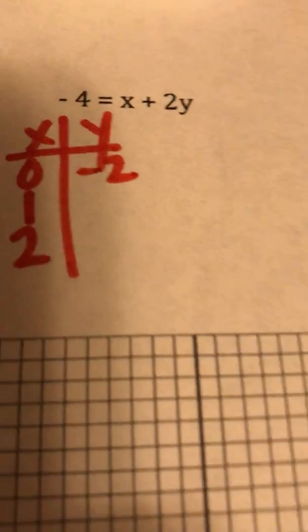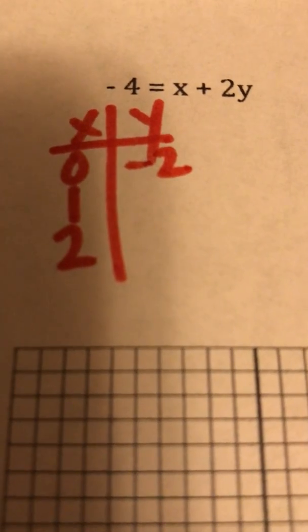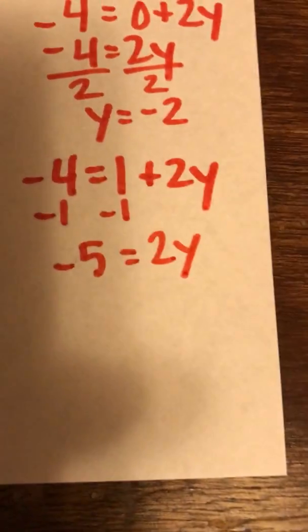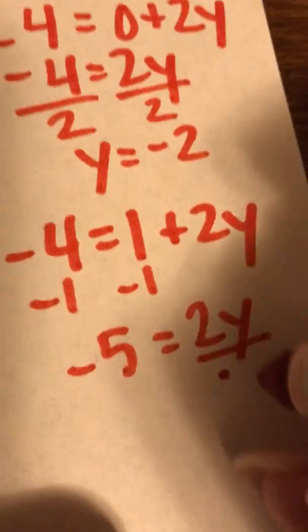All right, next one, we have x value is going to be 1. So negative 4 equals 1 plus 2y, like this. Okay, we're going to subtract our 1 across so that we can isolate our 2y. Now we have negative 5 equals 2y. Okay, to get the y by itself, sorry, my paper's wiggling around.